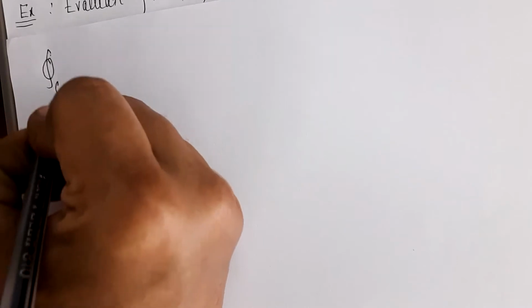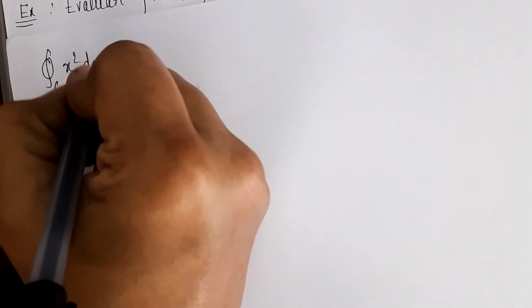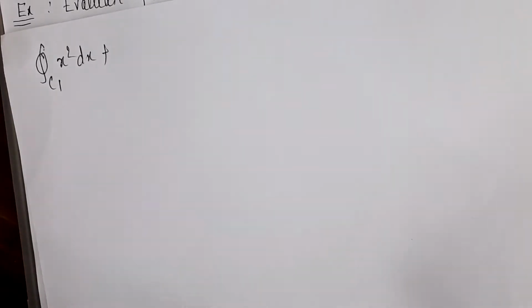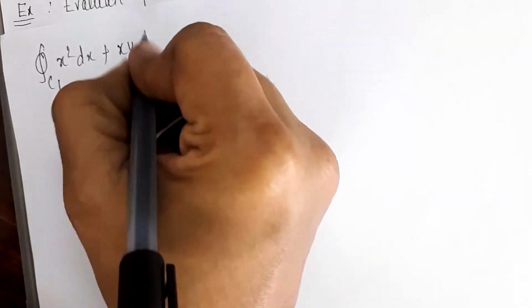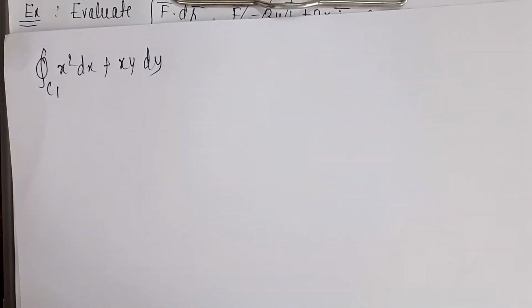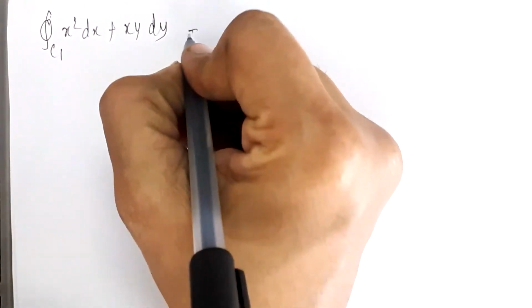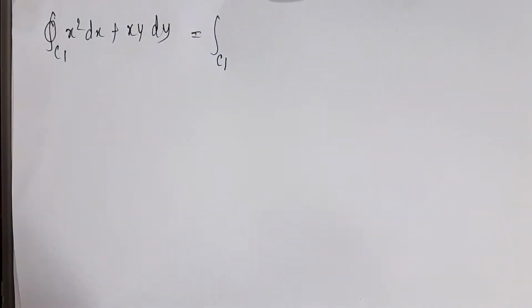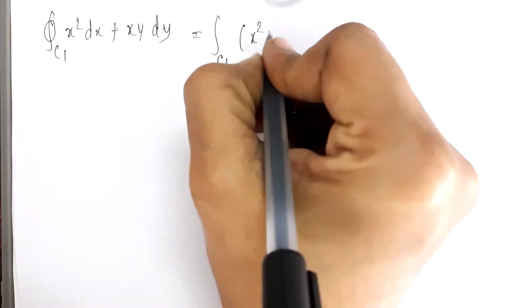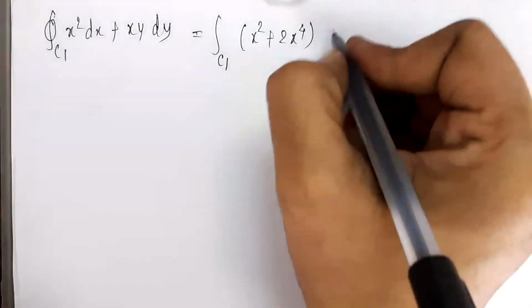So the integral over C1 of x² dx plus xy dy is equal to the integral over C1 of (x² plus 2x⁴) dx.